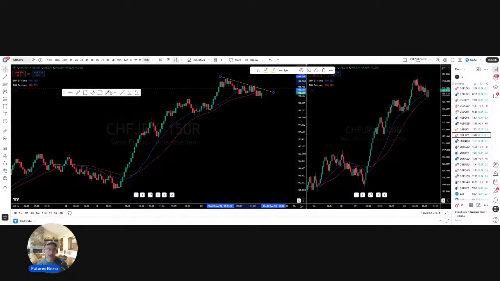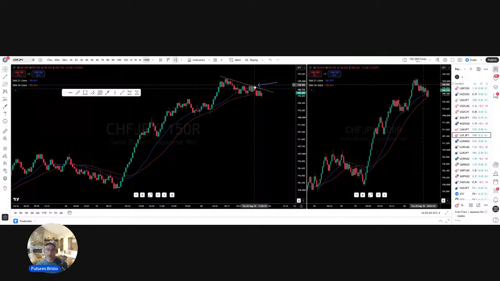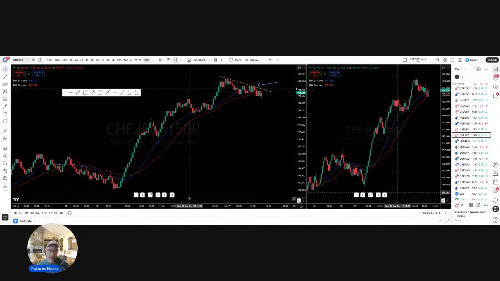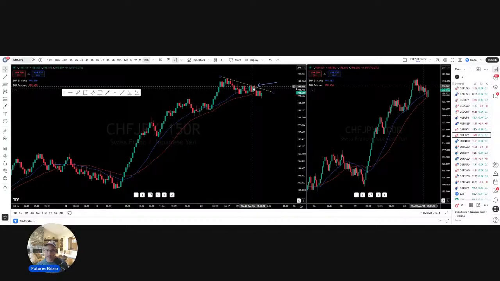For me, if I was going to do a trend line break, it would be a break of this high right here. I'd want to see it not just break the trend line, but break a previous swing high, because breaking a trend line can easily be a false break and a liquidity sweep. So I'd want to see it break this high right here and then look to long. A little bit more aggressive entry would be a break above this little 3-way candle pattern.